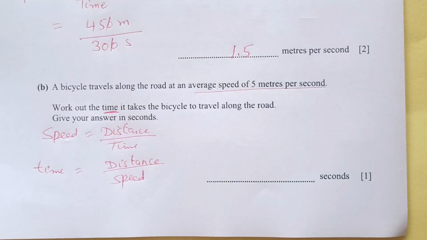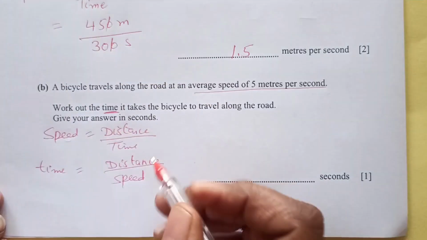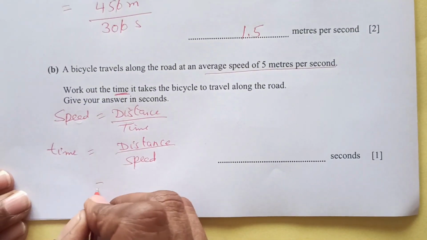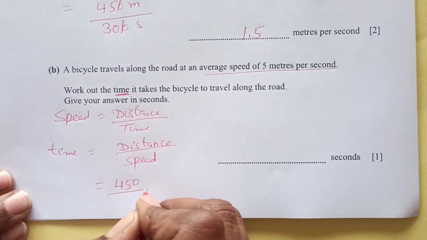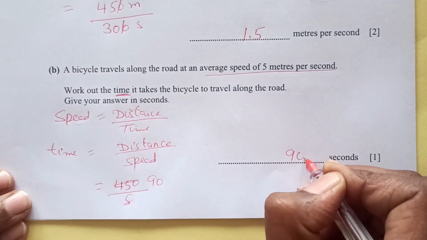So distance here is 450, divided by 5. So 5 times 90, so it is 90 seconds.